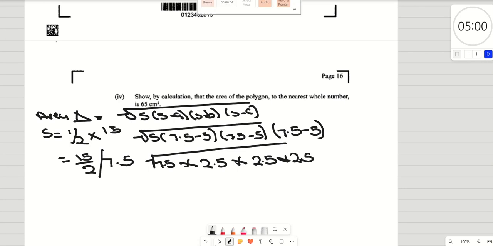So when you put this in your calculator, you're going to get an answer of 10.82531755, and that's for one triangle, right?